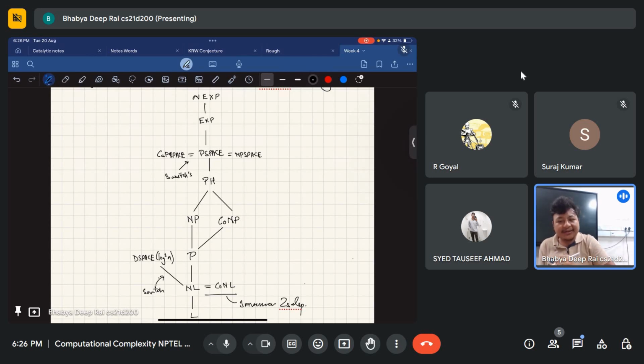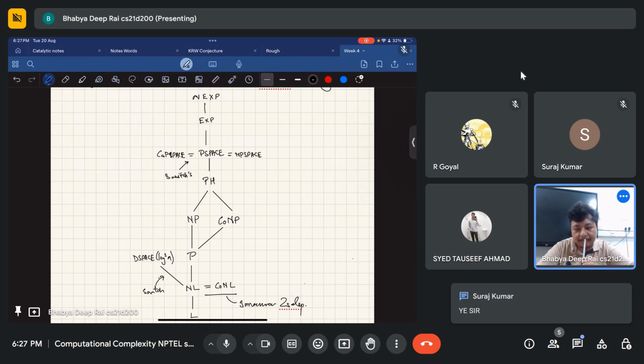But whether NP is strictly contained in EXP, I'm not sure about that, because you're comparing a non-deterministic class to a deterministic class. So a direct application of the time hierarchy theorem cannot give you a separation. But yeah, I don't know. Maybe it is unknown. Okay, but good question. Thank you.